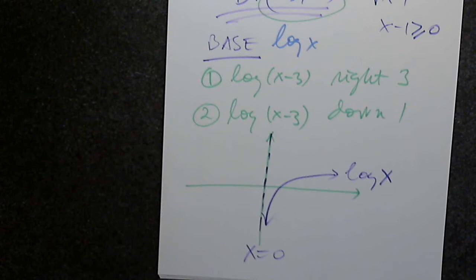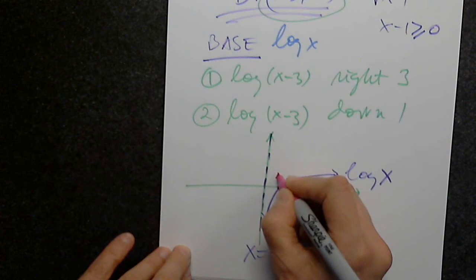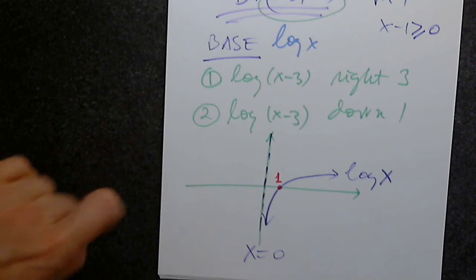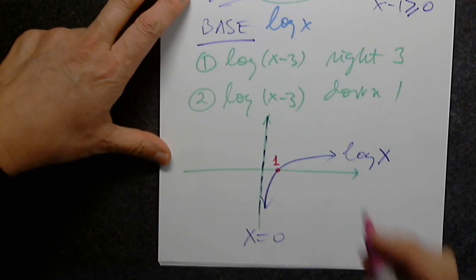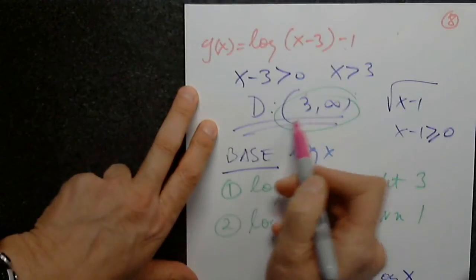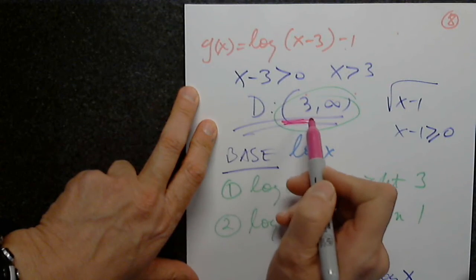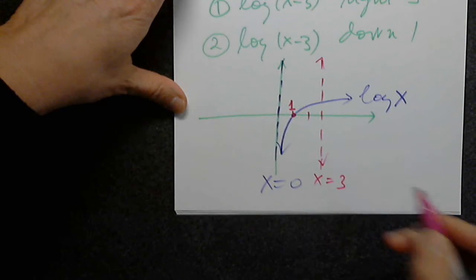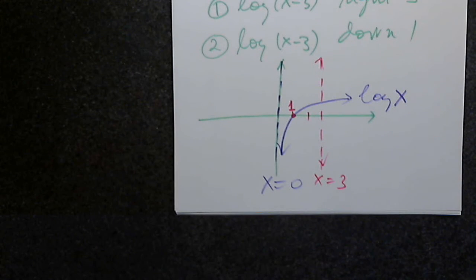Now you told me to shift this graph 3 to the right. Remember, this point is 1. But I have to shift the vertical asymptote first. Where do I shift the vertical asymptote to? Exactly. 1, 2, 3. It must be x equals 3. So now log x moves where?